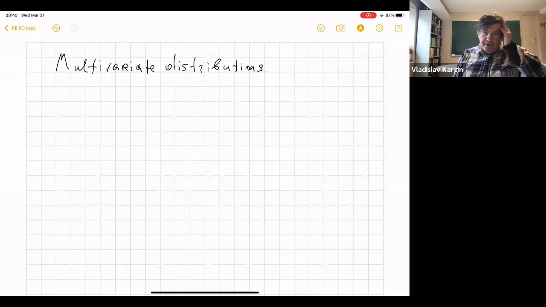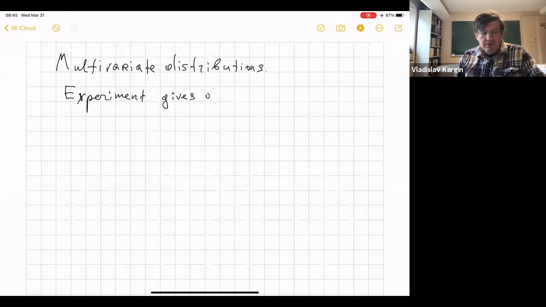So the idea is that we started with random variables, which are the simplest case of an experiment. Usually we have an experiment, and the experiment results in an outcome omega.